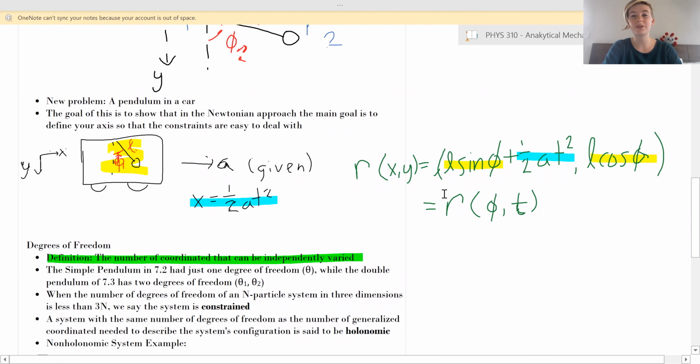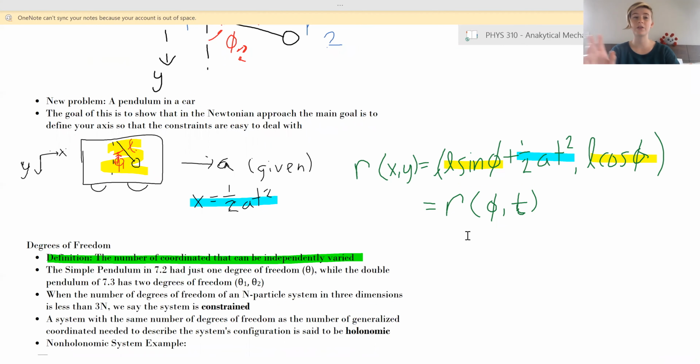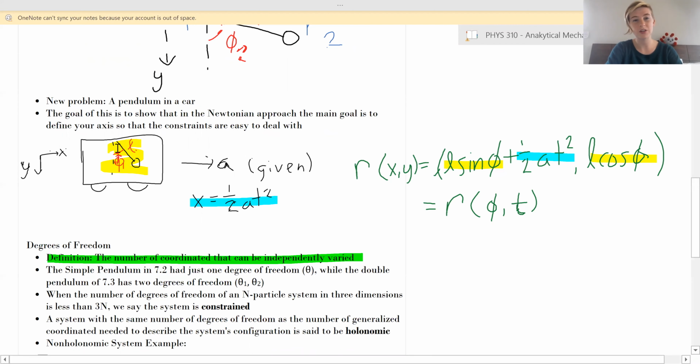So the next example it brings up is an example to prove a point that in the Newtonian approach, you want to pick your axis so that it creates a simple answer. And for that, it uses a pendulum and a cart. Anything having to do with the pendulum is highlighted in yellow, and anything having to do with the motion of the cart, I highlighted in blue.